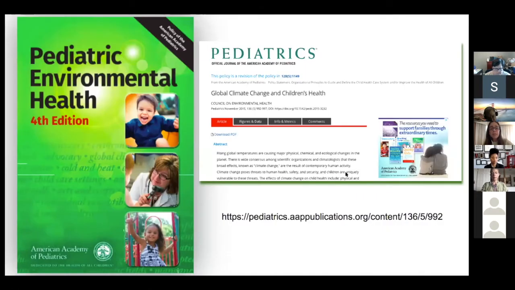The American Academy of Pediatrics has highlighted that extreme weather events place children at risk for injury, loss of or separation from caregivers, exposure to infectious diseases, and a uniquely high risk of mental health consequences, including post-traumatic stress disorder, as was mentioned before, depression and adjustment disorder.